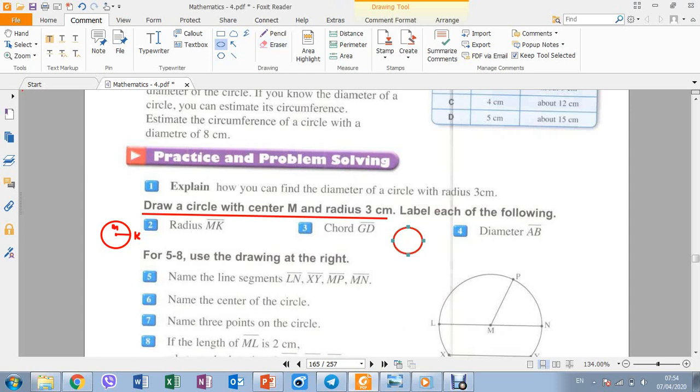I told them chord means a line segment that has two endpoints, but it doesn't pass through the center. So we draw a line from this edge to another one, and we put the name on the point G. This G is so bad, so again, I drew it.